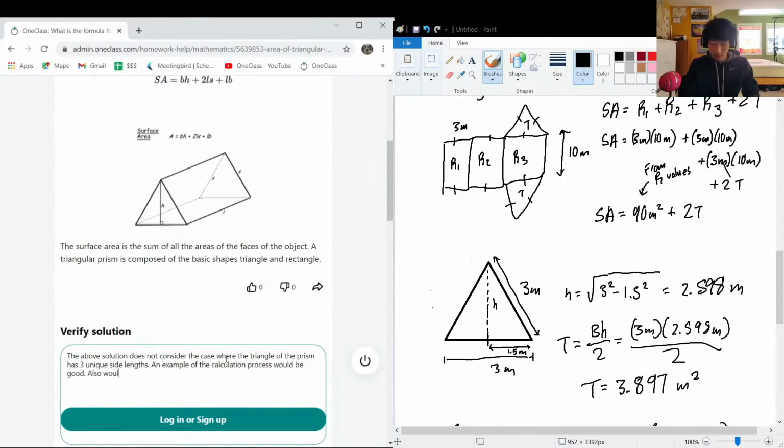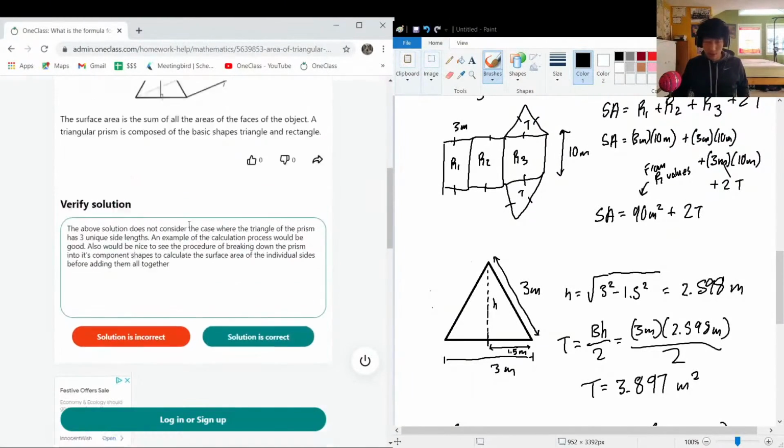Also, it would be nice to see the procedure of breaking down the prism into its component shapes to calculate the surface area of the individual sides before adding them all together.